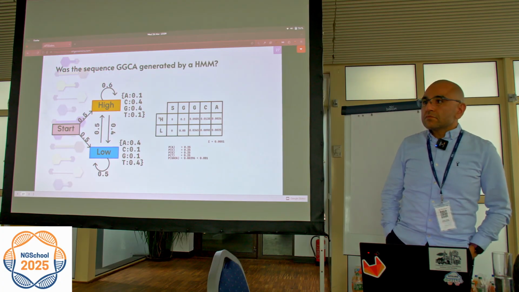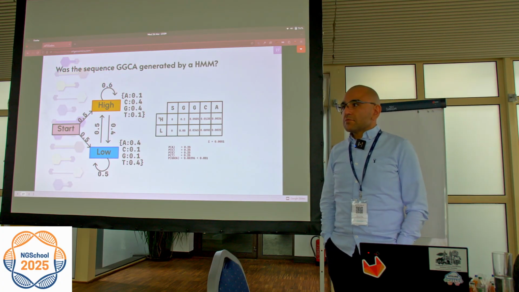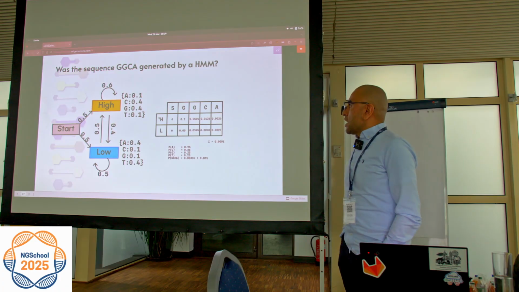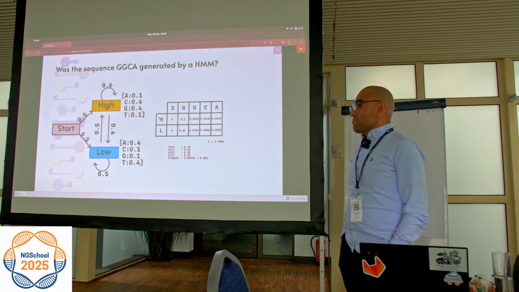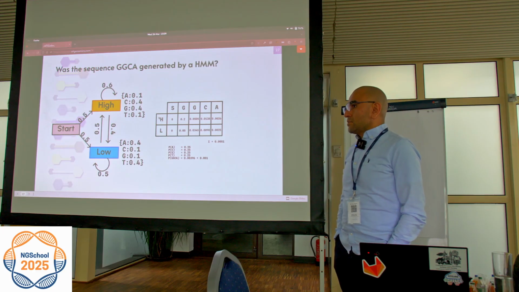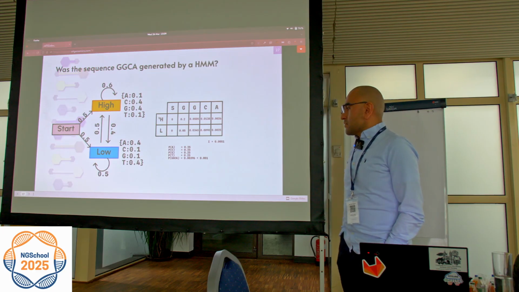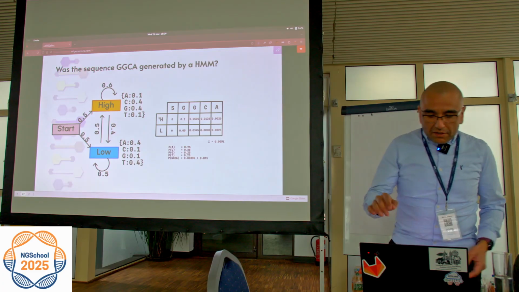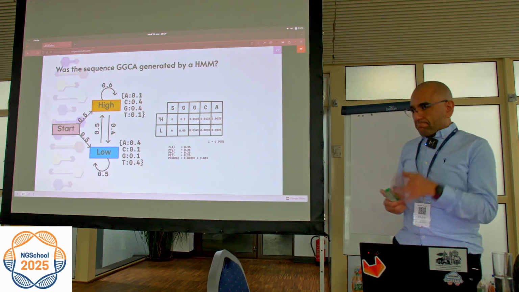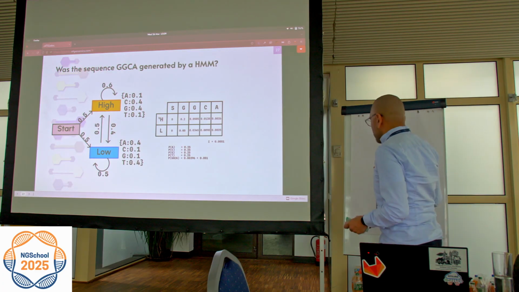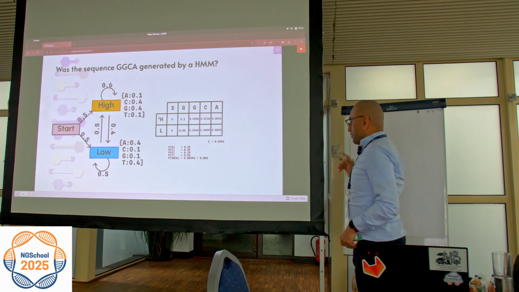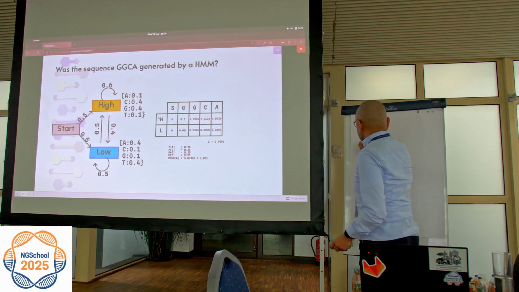We don't know the optimal number of hidden states, right? Like for hidden Markov models, you don't know the number of states, right? That's a very good question.